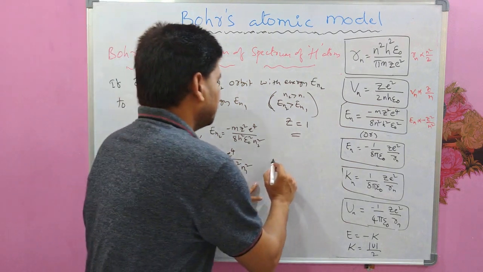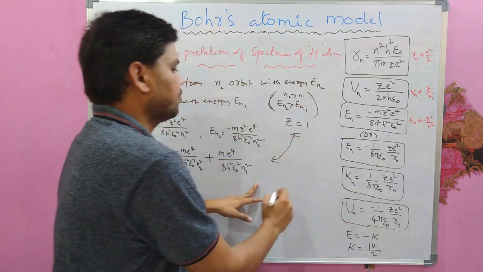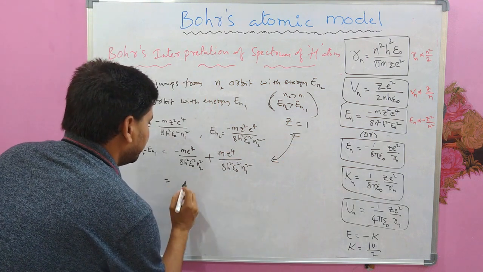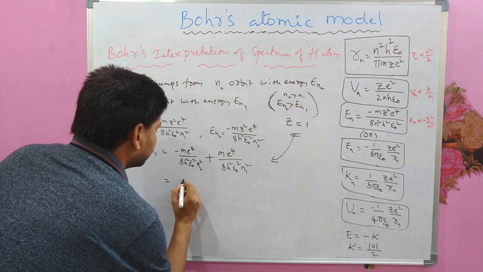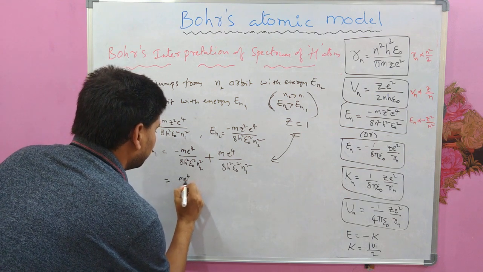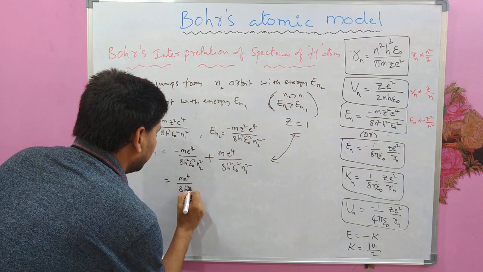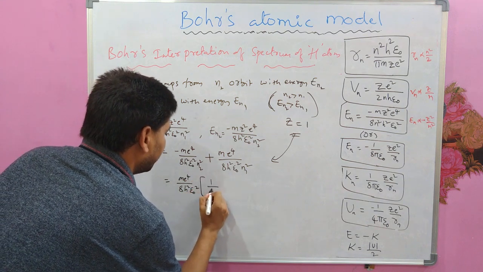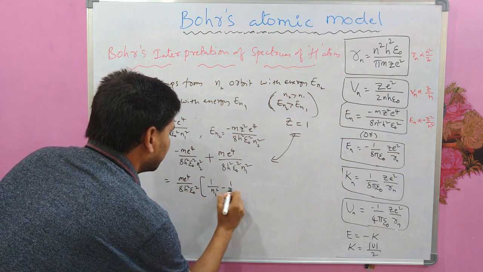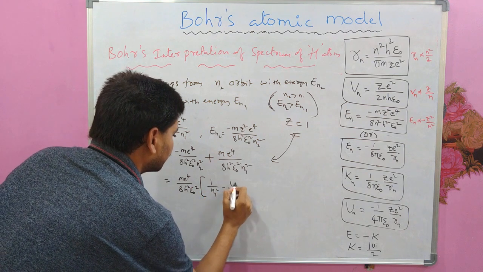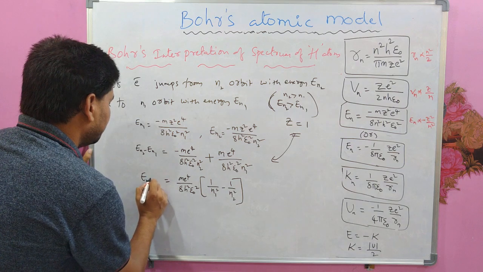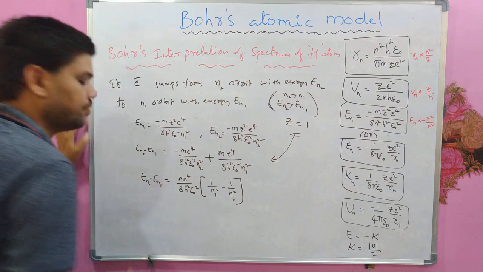What is common here? I can take m e power 4 by 8 h square epsilon naught square common, and we will get 1 by n1 square minus 1 by n2 square, which is equal to En2 minus En1.